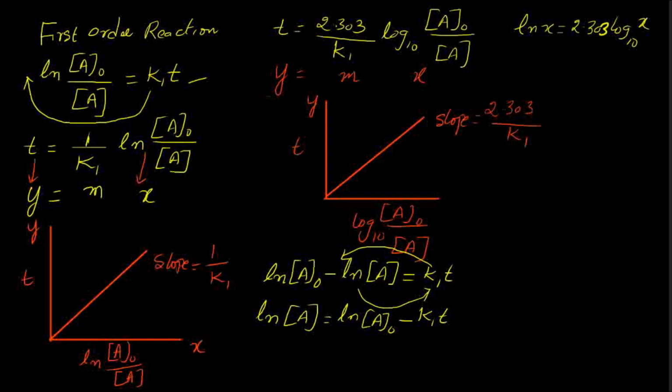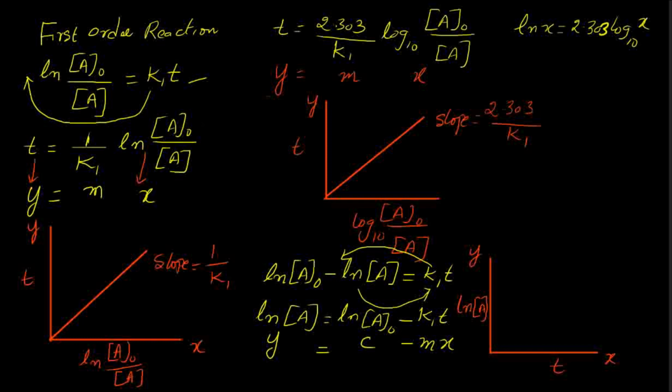So this relation is y equals minus mx plus c. Here is the negative slope, with the intercept. So for the graph, on the y-axis is ln a, and on the x-axis is t.